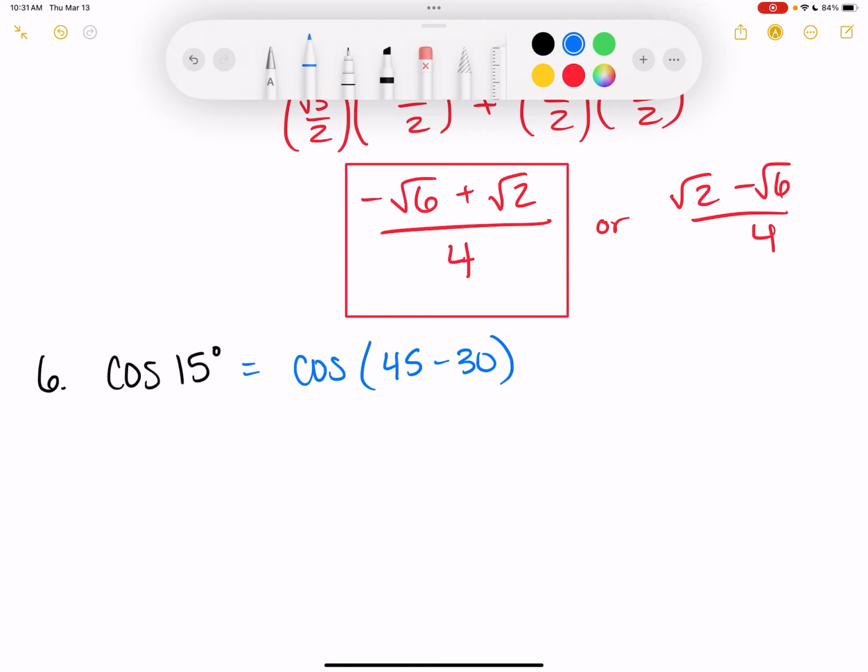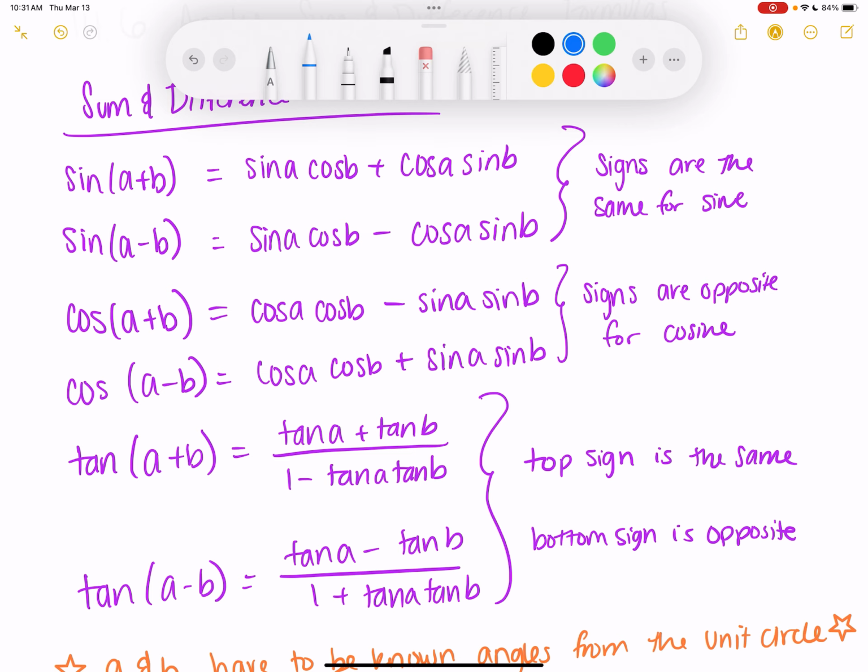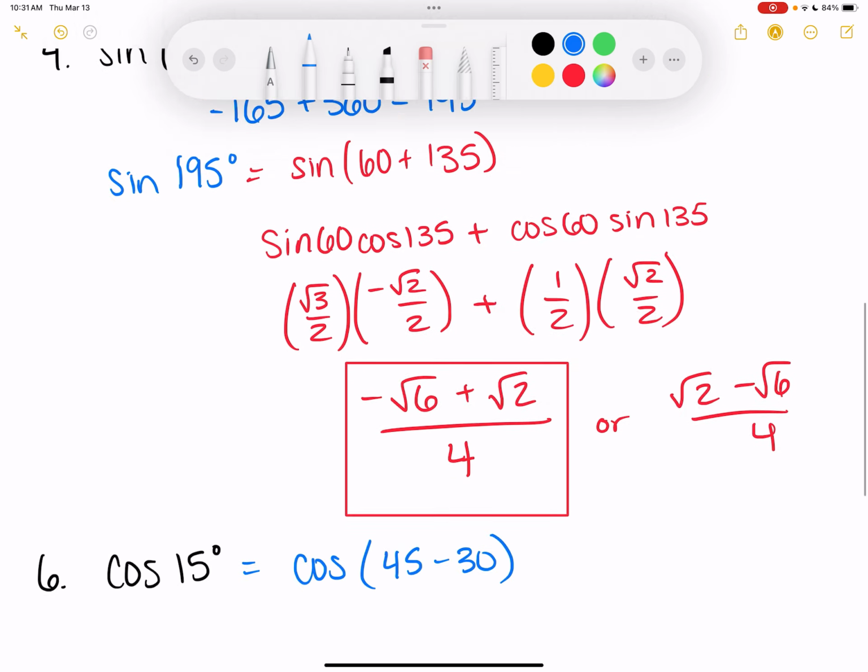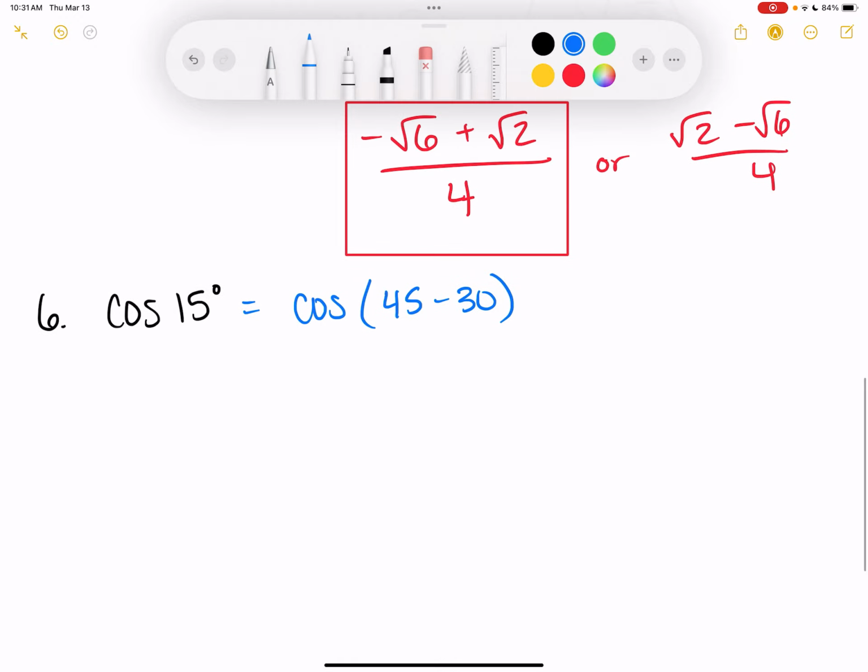So, formula for cosine. We have cosine times cosine, opposite sign, sine times sine. So, this would be cosine 45, cosine 30, plus sine 45, sine 30.